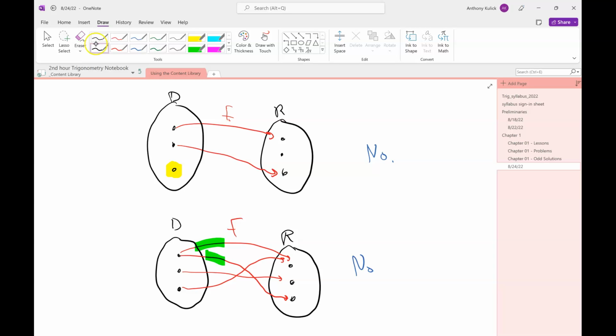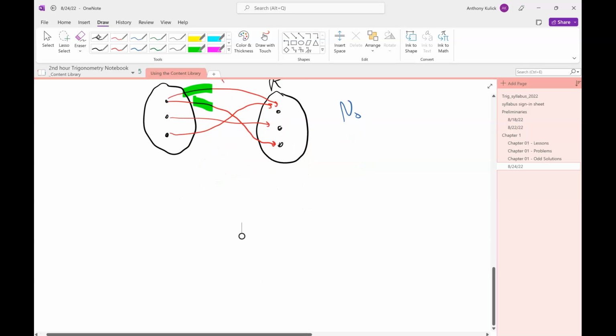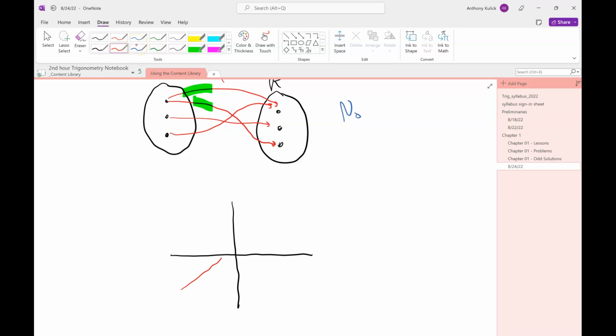Fairly easy, right? What if instead of a mapping diagram, we had a graph? Right? We can represent a function with a graph. Does this graph represent a function?